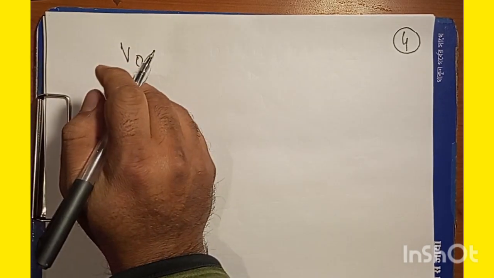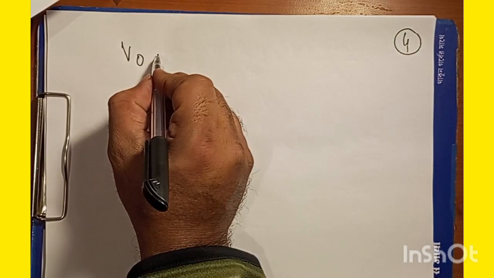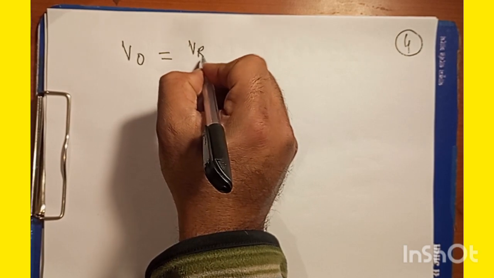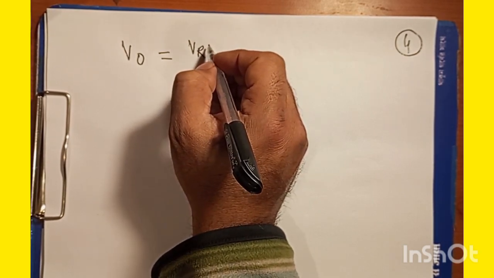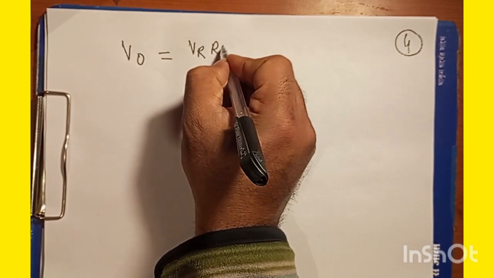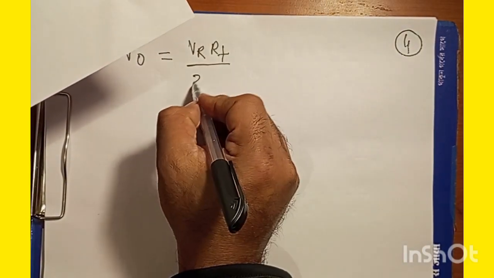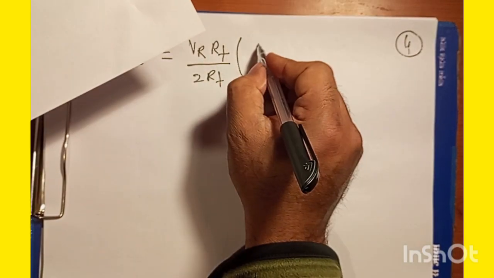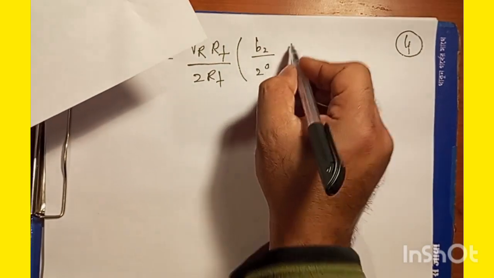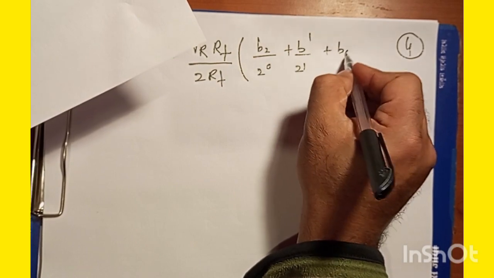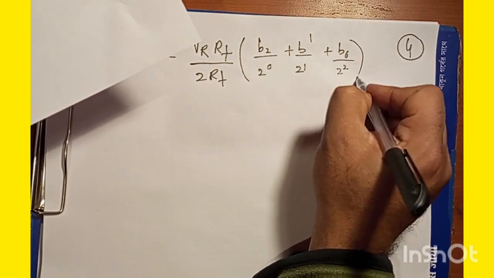So I will write V out equal to VR times RF, and for R I will use twice RF, times B2 by 2 to the power of 0 plus B1 by 2 to the power of 1 plus B0 by 2 to the power of 2.